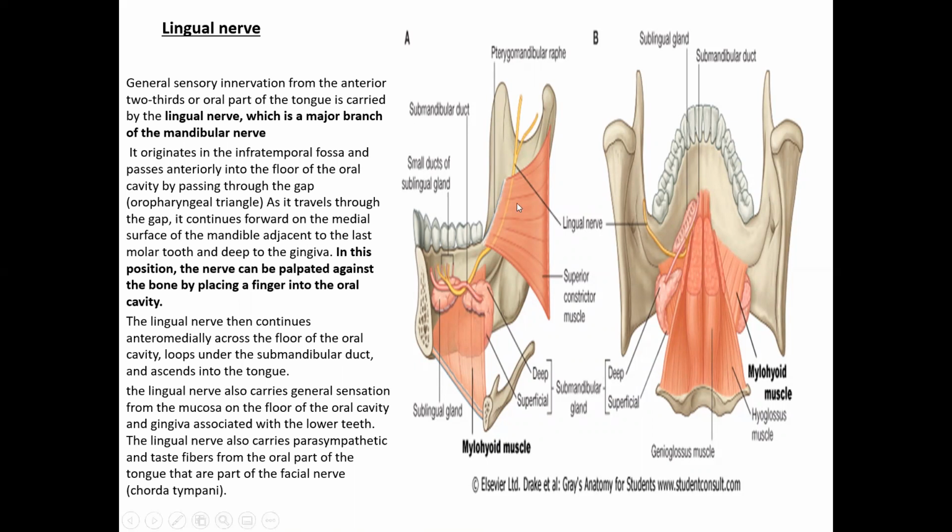This lingual nerve descends inferiorly and passes through the oropharyngeal triangle, and it is superficial to the hyoglossus muscle. It travels on the root of the tongue, where it supplies the general sensory innervation of the mucosa of the oral cavity as well as the tongue, and it also supplies the alveolar process of the lower jaw.